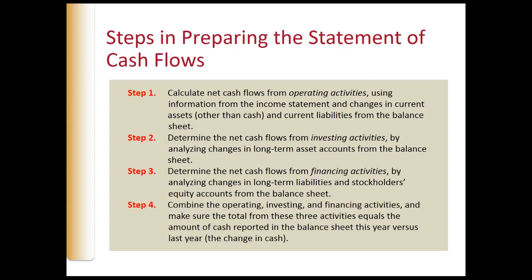And then step 4 is combining the operating, investing, and financing activities to make sure the total change from these 3 activities equals the amount of cash reported in the balance sheet this year versus last year, which would be the change in cash.